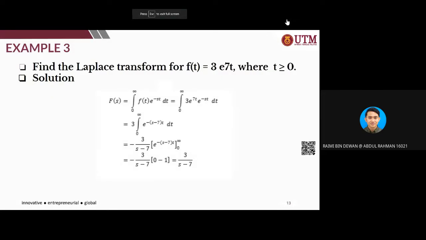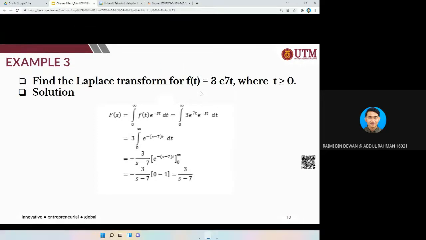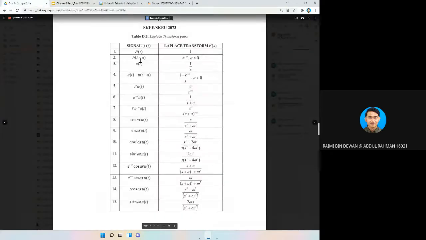Next, example 3. Find the Laplace transform for f(t) equals 3e^(7t) where t is greater than 0. Again, it is t greater than 0 because that is the Laplace transform general formula. So here, you can solve mathematically. 3 you can put outside, then you have the exponent 7t minus st. So you do some mathematics, then you get 3 over s minus 7. Then let's see if we have this in our table.